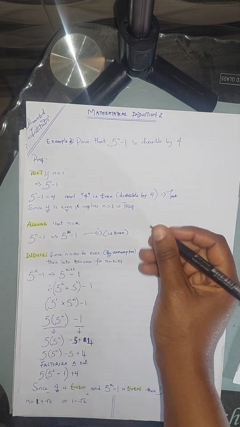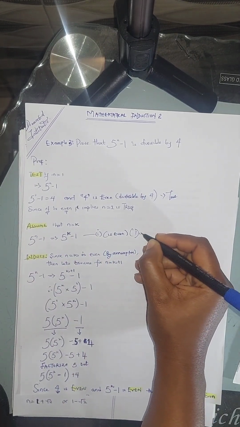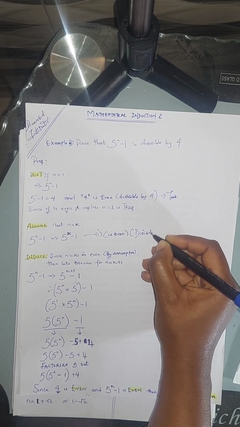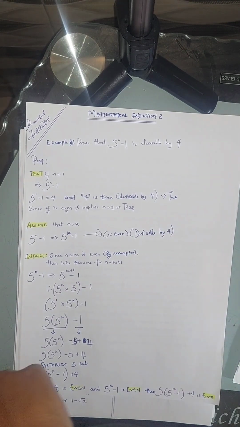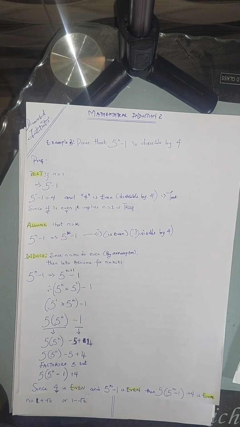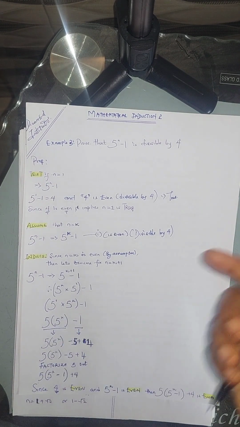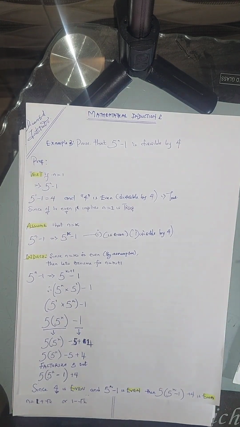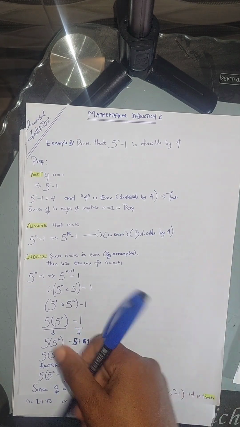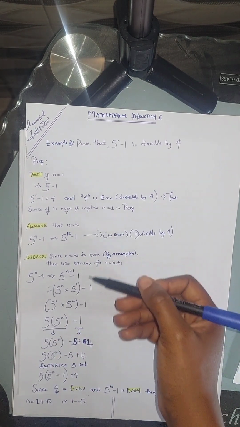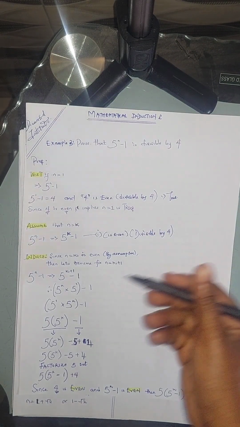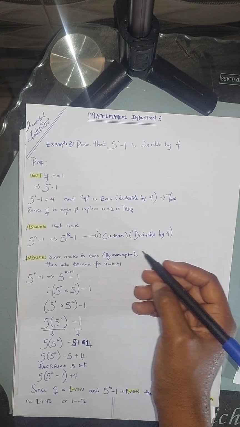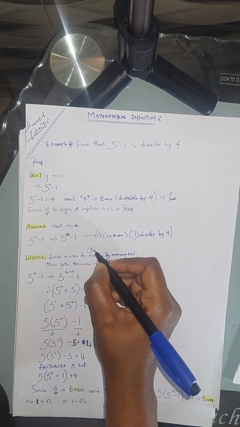We assume that this is divisible by 4. Now, if we assume that this is divisible by 4, then we also have to assume, don't forget, that n equals k plus 1 is also divisible by 4. I'm using this here because I want to give you a clue to the next question I asked you to solve. So here it should be divisible by 4.